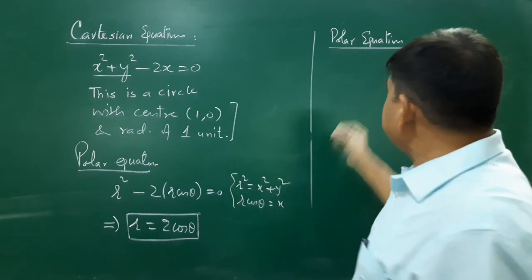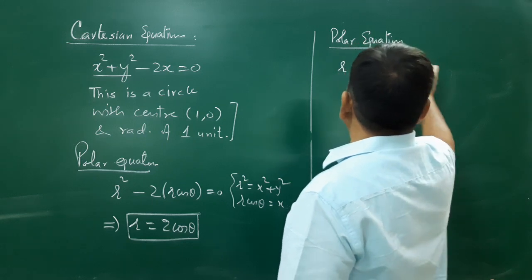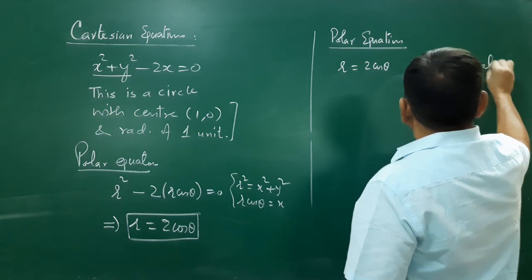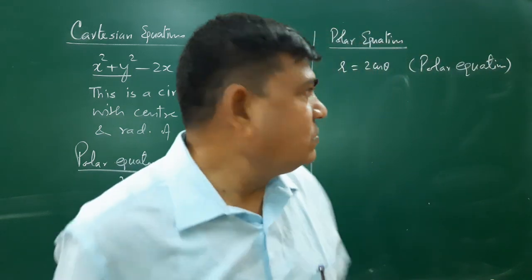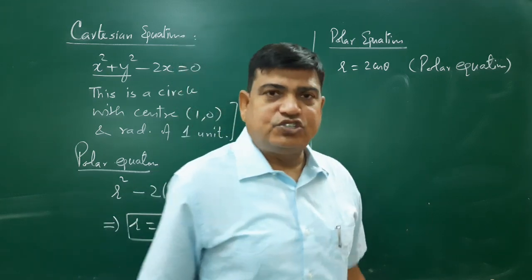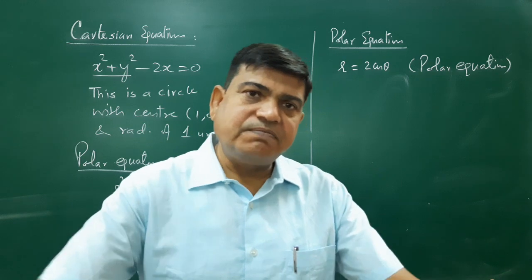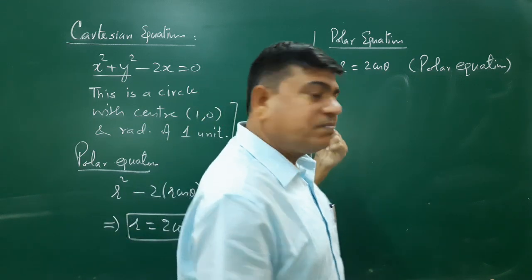Now the reverse part. If you are given the equation r equals 2 cos theta, this is the polar equation. Now we don't know what it represents geometrically. We are familiar with Cartesian, so we convert it into Cartesian.